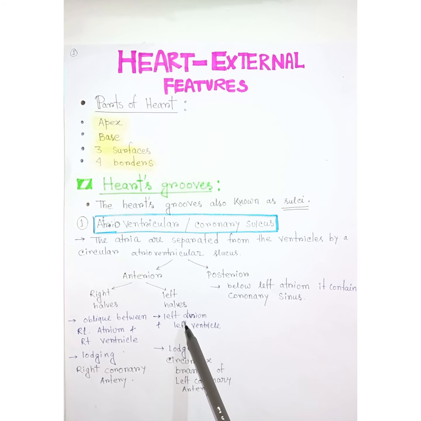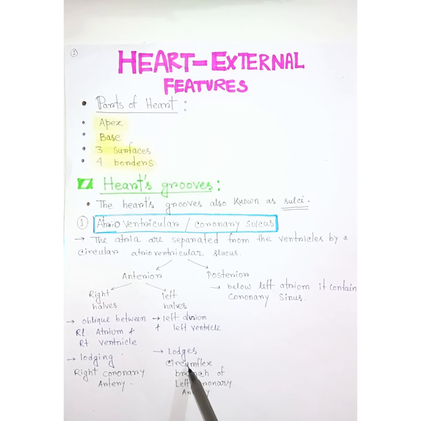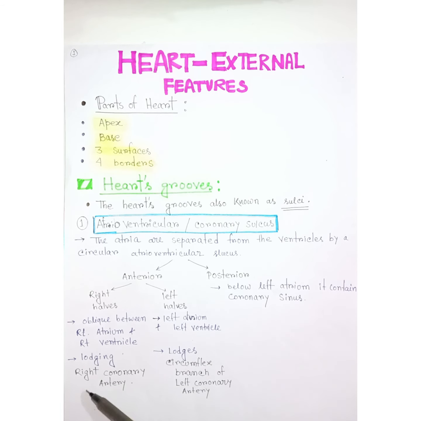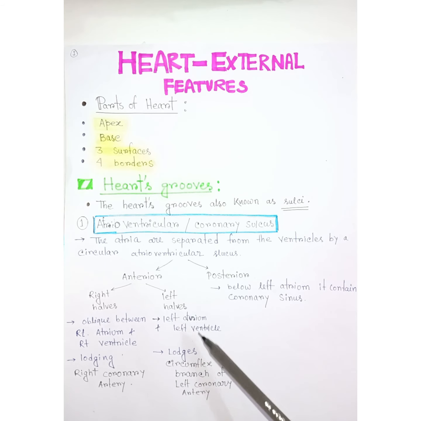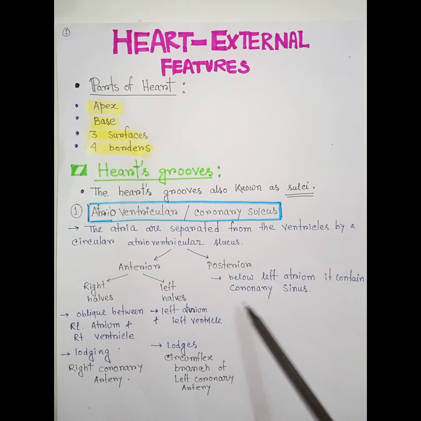The left half is small, between the left auricle and left ventricle, and lodges the circumflex branch of the left coronary artery. The posterior part, below the left atrium, contains the coronary sinus.